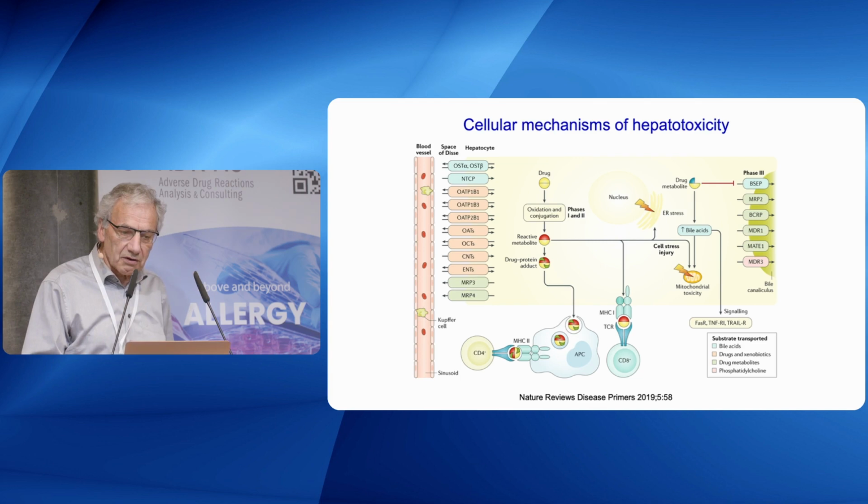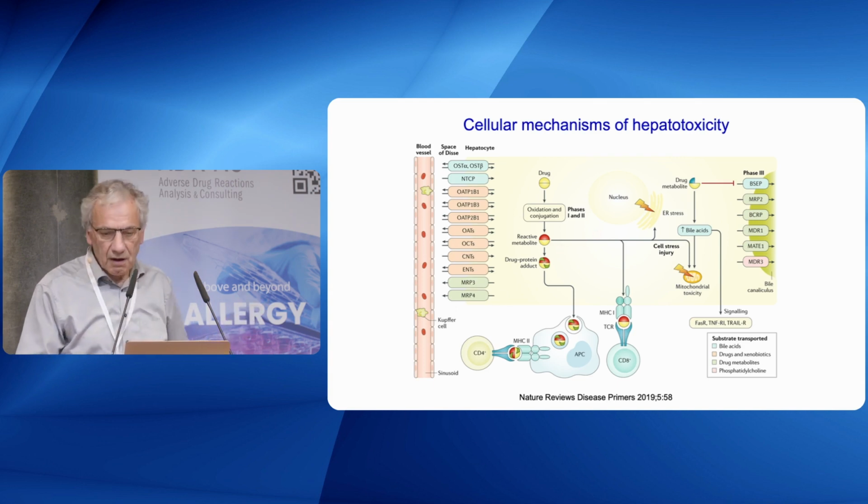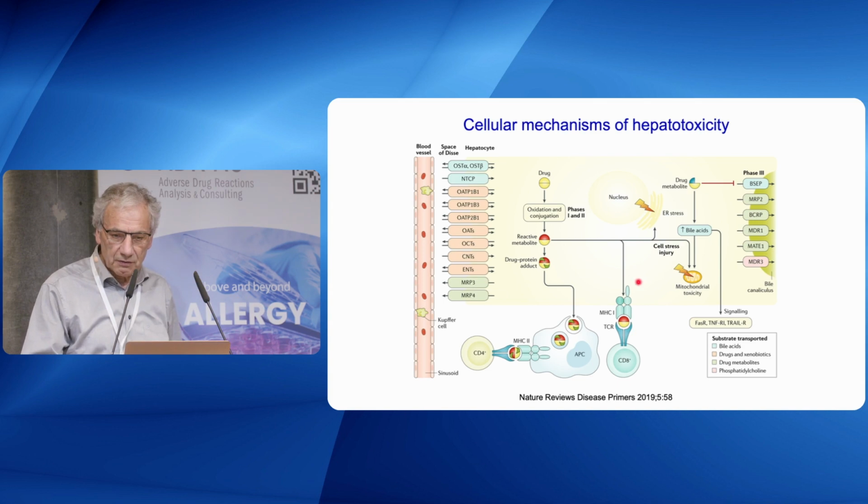You see, the drug comes from the blood, crosses the space of Disse, is transported into hepatocytes by several transporters, may be metabolized in the hepatocyte, and then the parent drug or the metabolites may affect the mitochondria.